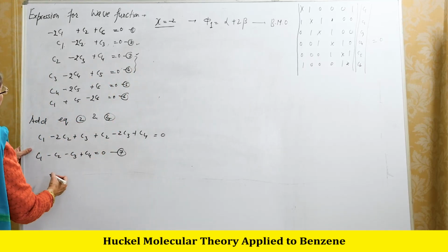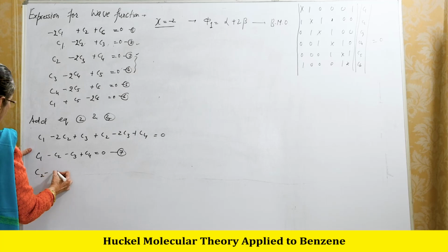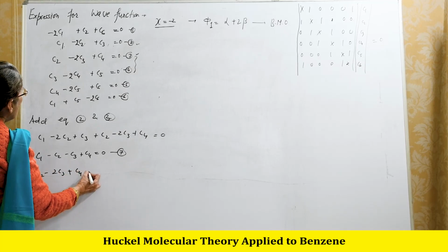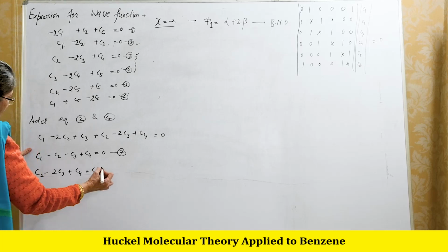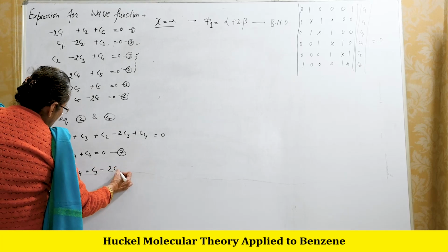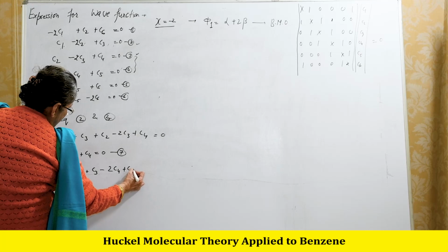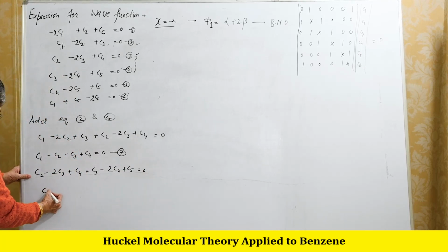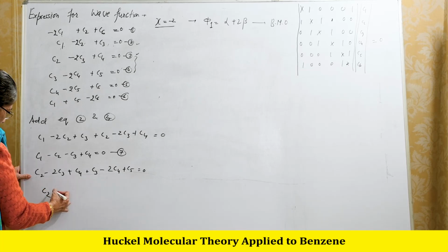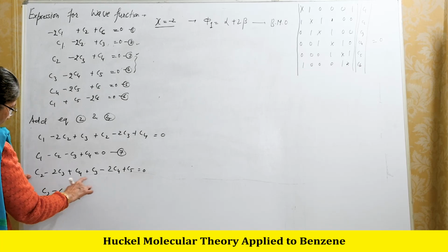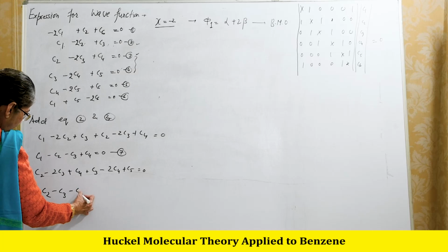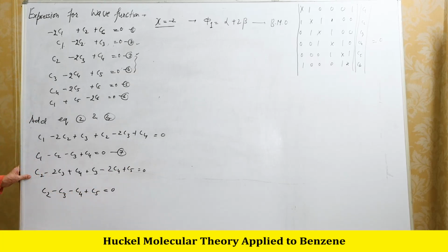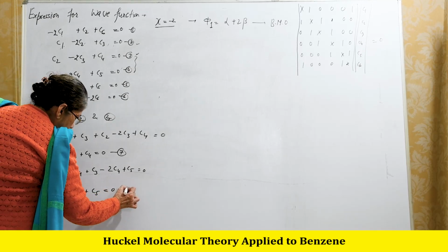So we add 3 and 4. C2 minus 2C3 plus C4 plus C3 minus 2C4 plus C5 is equal to 0. C2 minus C3 minus C4 plus C5 is equal to 0. Say this is equation number 8.